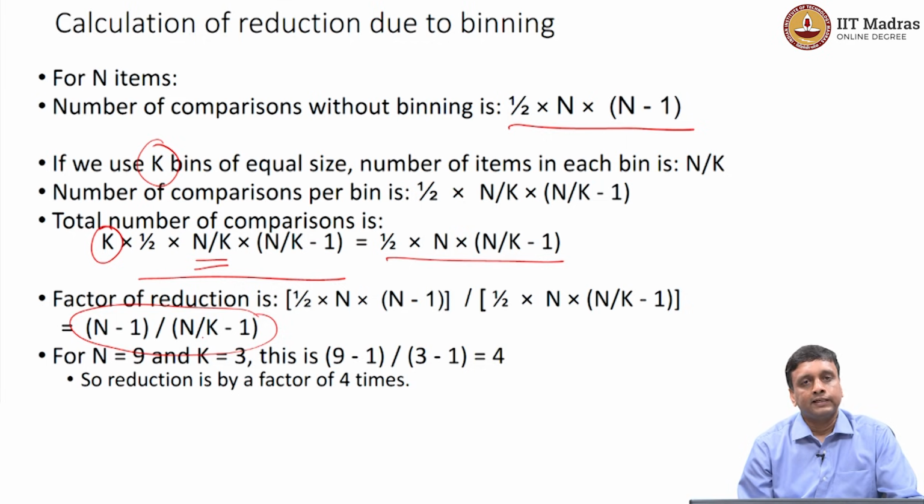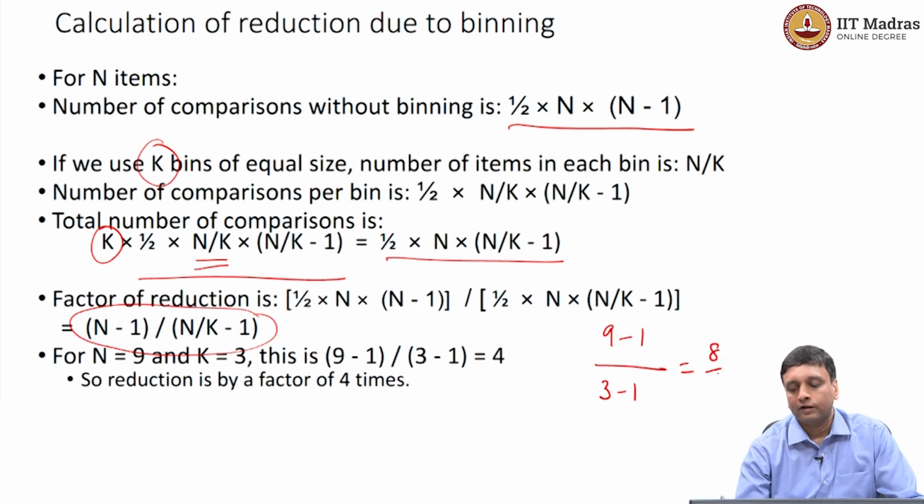So for instance, in our earlier case, n was 9, so n minus 1 is 8, and n by k was 3, so 3 minus 1 is 2, so we get 8 by 2, which is equal to 4, so we get a 4-fold reduction. So if we do this for a big class, for example, and we do this birthday type of calculation, then we would have a reduction by roughly a factor of 12, right. So it becomes a fairly important reduction in the number of comparisons we have to do.